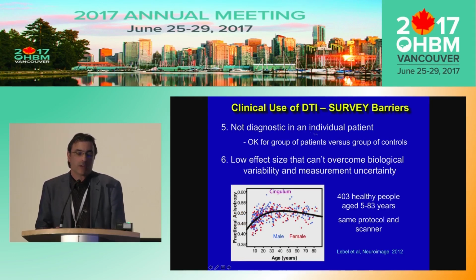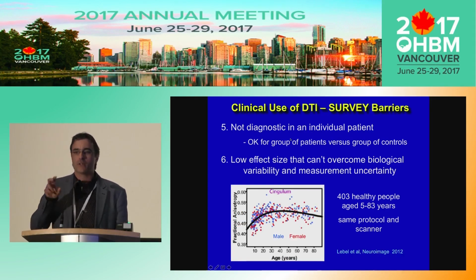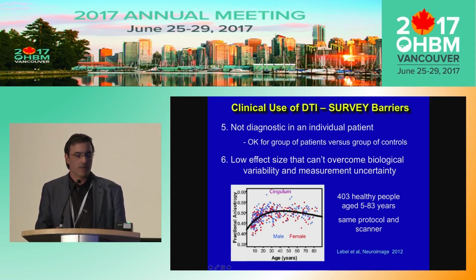It's also not very diagnostic in an individual patient. We see lots of group comparisons where we see significant differences, but there's tons of overlap in the results, and obviously that makes it not usable for a diagnostic single patient application. And there's also a very low effect size in many cases that can't overcome the biological variability or the measurement uncertainty.